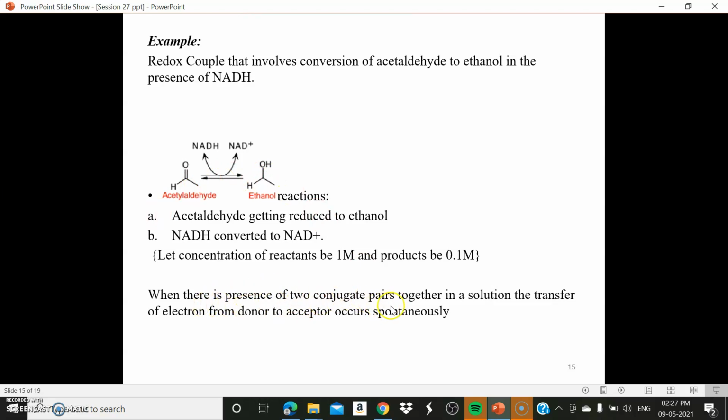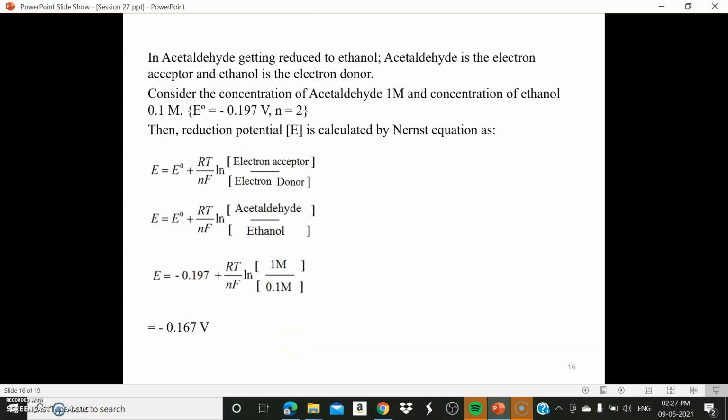When two conjugate pairs are present together in a solution, the transfer of electrons from donor to acceptor occurs simultaneously. To calculate the redox potential, acetaldehyde getting reduced to ethanol, acetaldehyde is the electron acceptor and ethanol is the electron donor. Consider the concentration of acetaldehyde to be 1 molar and ethanol to be 0.1 molar. Substitute these values in the equation, and you get E equals minus 0.167 volts.